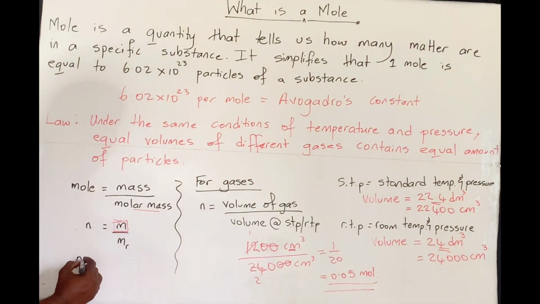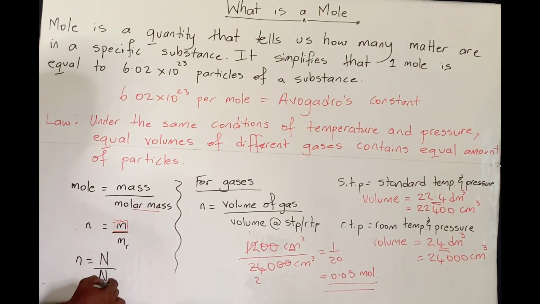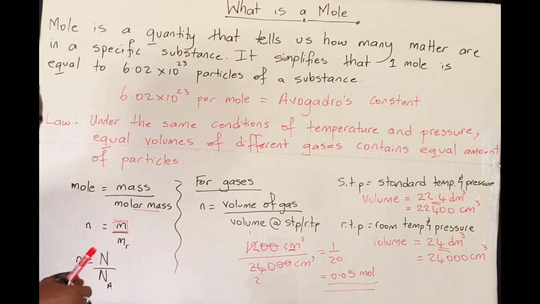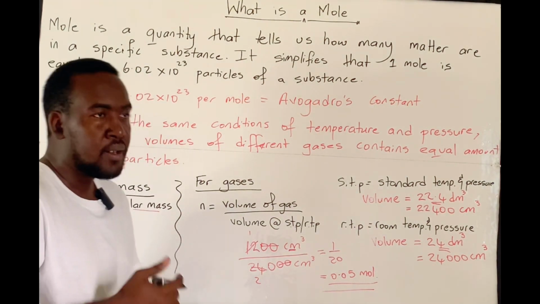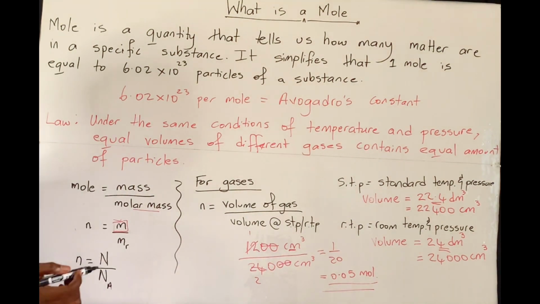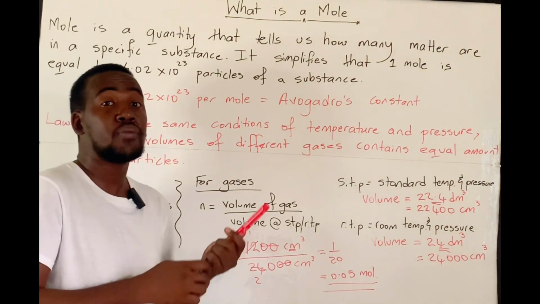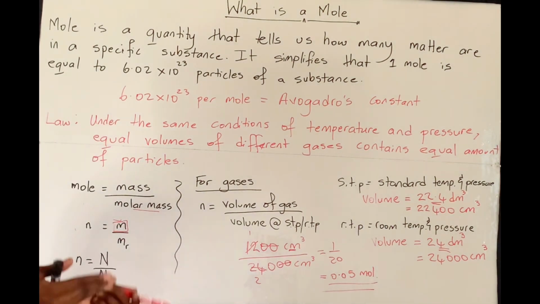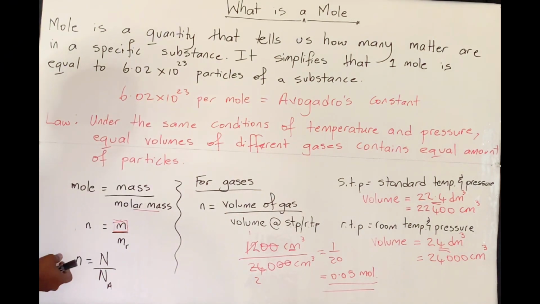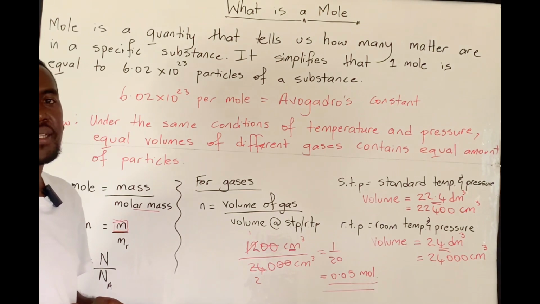We also can see that the mole is equal to, if we know how many particles are present, over Avogadro's number. Right? So if we know that the glass of water has this amount of particles, or this amount of atoms or this amount of molecules if it's a gas, then we can divide it by Avogadro's number and it tells us how many moles the gas or the substance has.